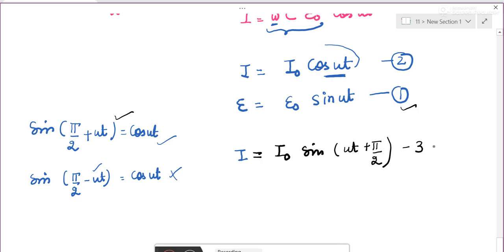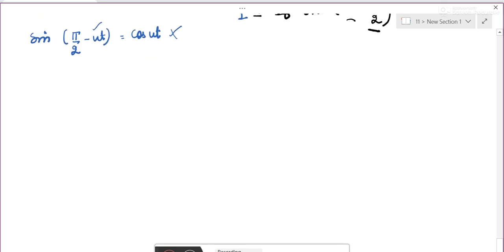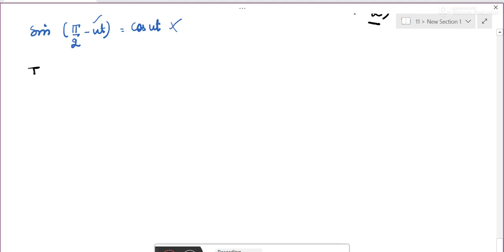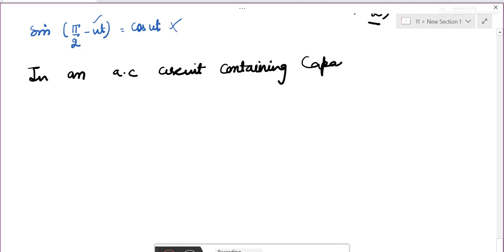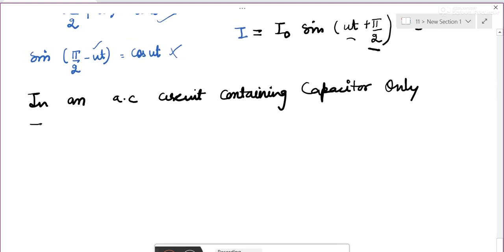So from 1 and 3, what do you see? That this time current is ahead of voltage by 90. So write this thing: in an AC circuit containing capacitor only, you can see from the equation current is leading.